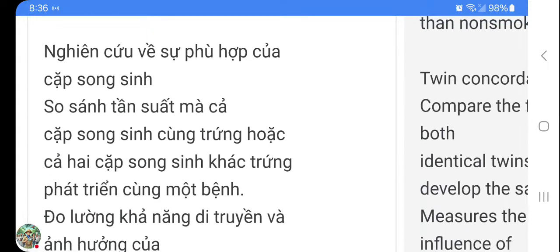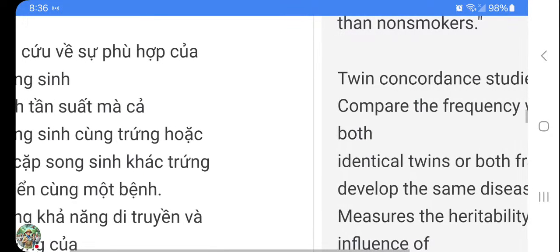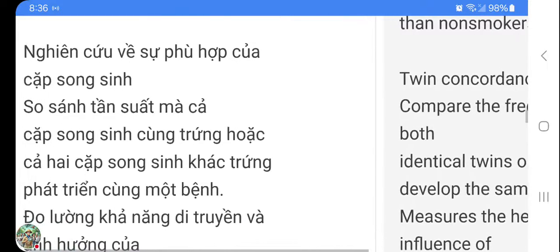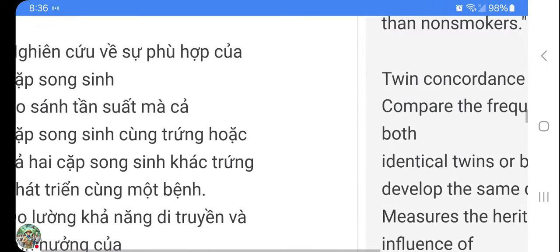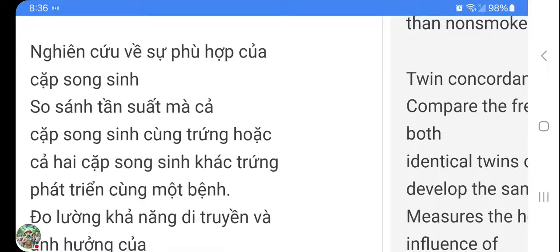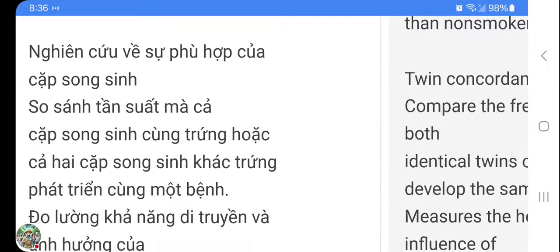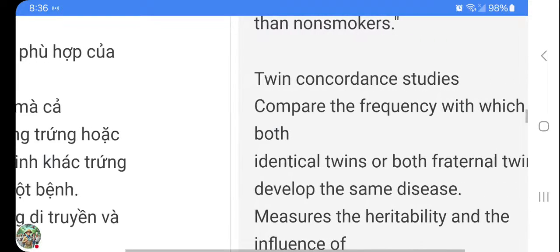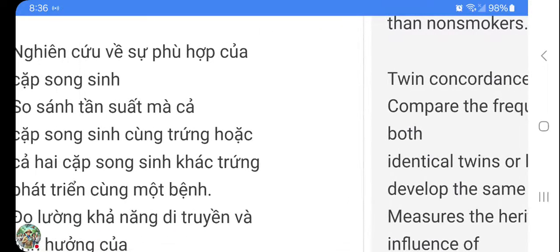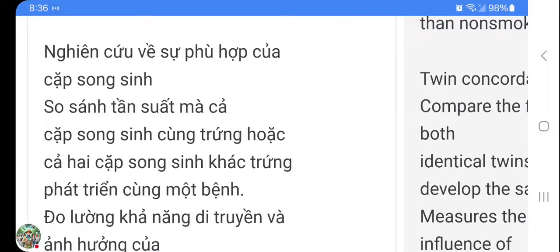Now the next one we talk about is the twin concordance study, which compares the frequency of disease between identical twins, which is monozygotic twins, and fraternal twins, which is dizygotic twins, to see if they develop the same disease.